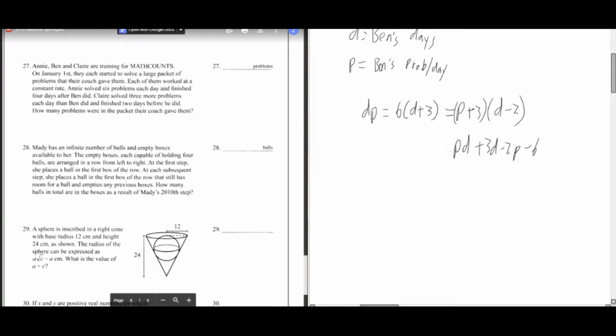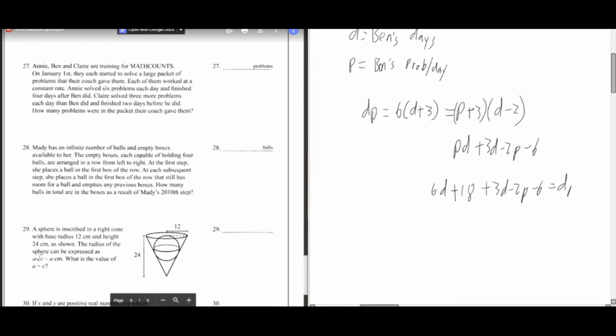We can put this in here, I guess. 6d plus 18 equals pd plus 3d minus 2p minus 6.